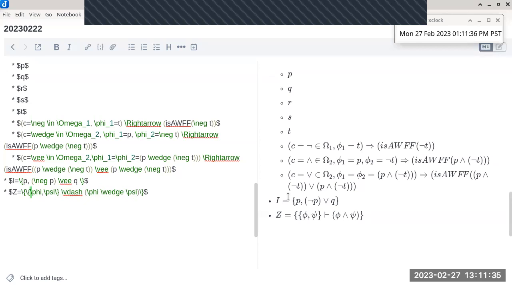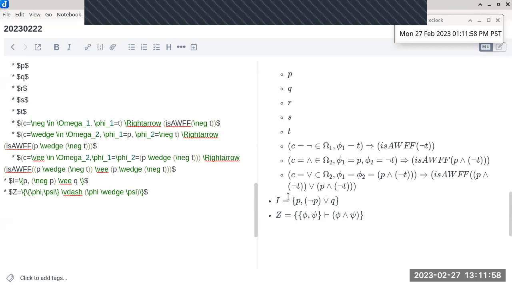The left-hand side of infers, this symbol here means infer. The left-hand side of infer is a set. That particular set specifies a pattern. In this case, all it's specifying is, give me two well-formed formulae that are known to be true right now. Do they have to be the beginning, like from alpha?